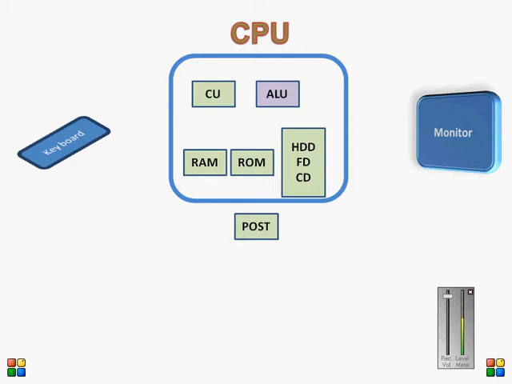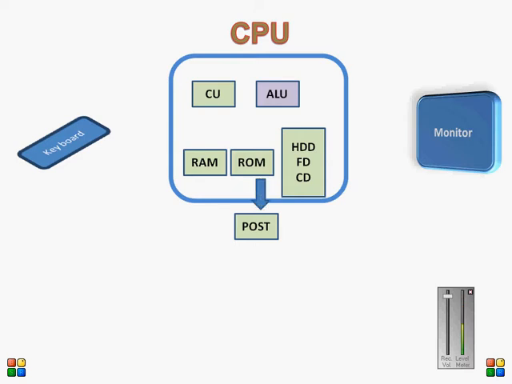In between, the CPU is the thing which performs the task and displays the output on the monitor. In CPU we have the control unit, arithmetic and logic unit, RAM, ROM and different secondary devices like hard disk, floppy disk, CD and so on.